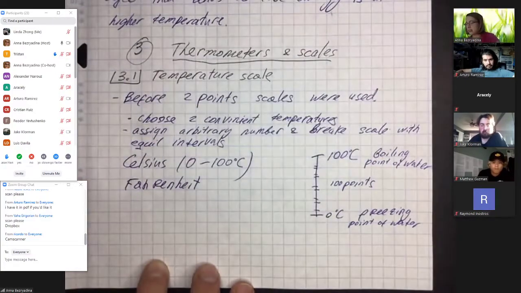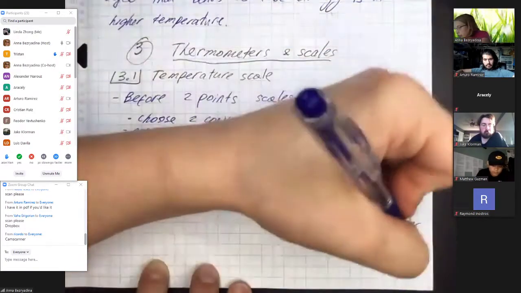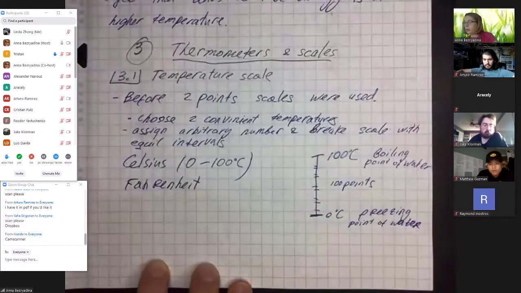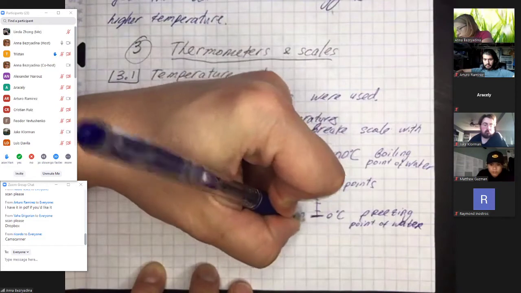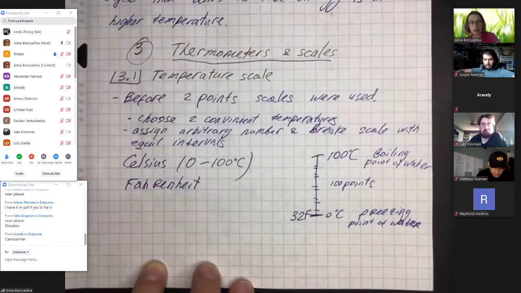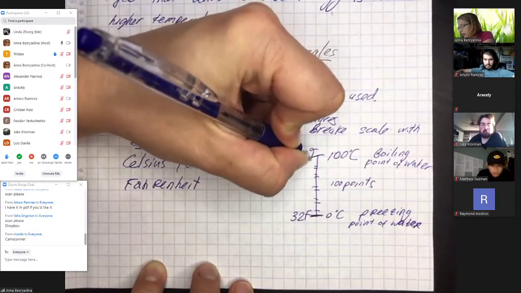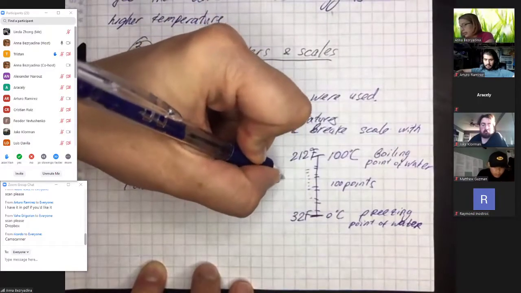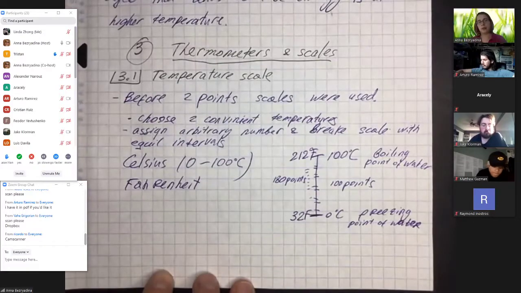And for Fahrenheit, we defined the freezing point of water, sorry, I did not write very well, sorry guys, as 32 Fahrenheit. And boiling water temperature is 212 Fahrenheit. And here we have 180 points of separation. Okay, so this is what they've done for Fahrenheit.